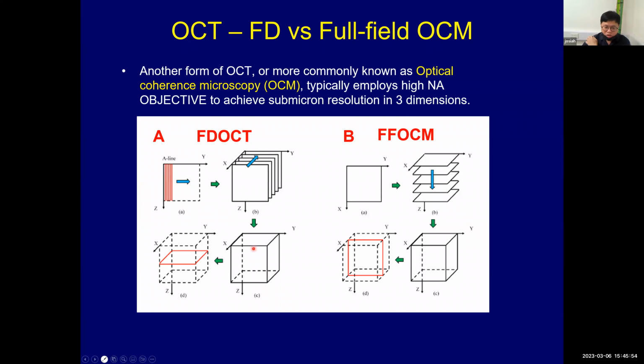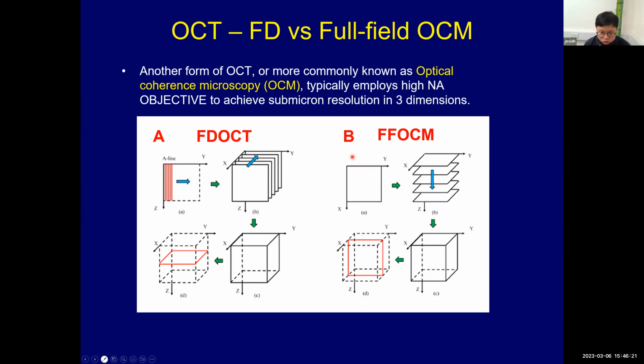Whereas for another type of OCT, which we call full field OCM, typically we use very high NA. So it gives you one shot of the XY plane, because you detect this using a 2D camera, but you have to move the sample so that you can acquire Z information.